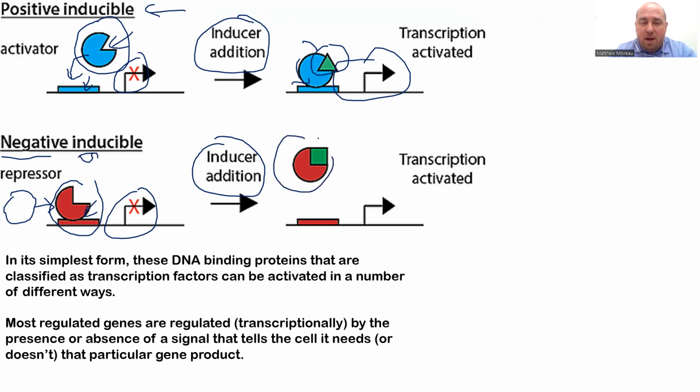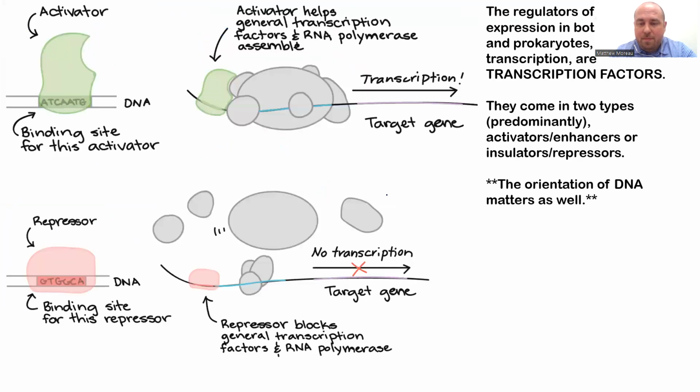So by adding an inducer, it causes another conformational change to the repressor, pulling it off of the DNA, allowing for transcription. So this is just another example of different ways that we regulate genes.